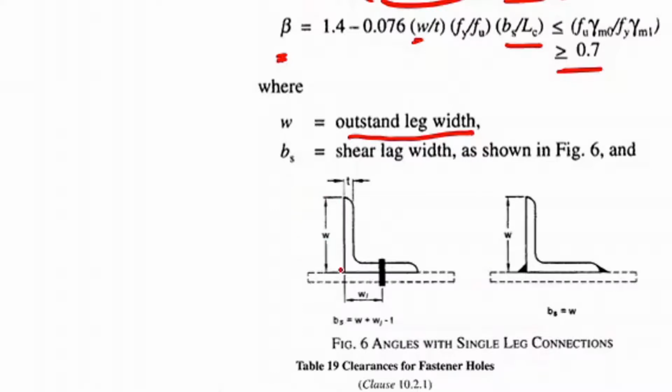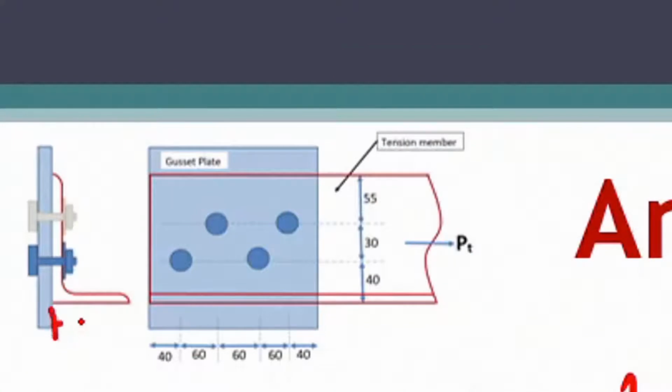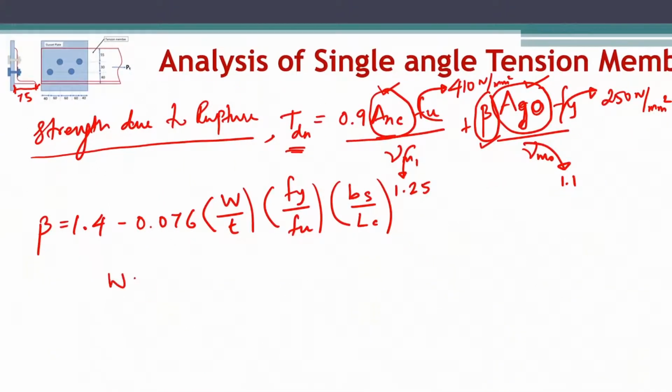If you see in this picture, this leg is connected to the gusset plate, so this is the unconnected leg. The unconnected leg's length is w. In our picture, the length of this leg is 75 mm, because the long leg, the 125 mm leg, is connected. So here w is equal to 75 mm.